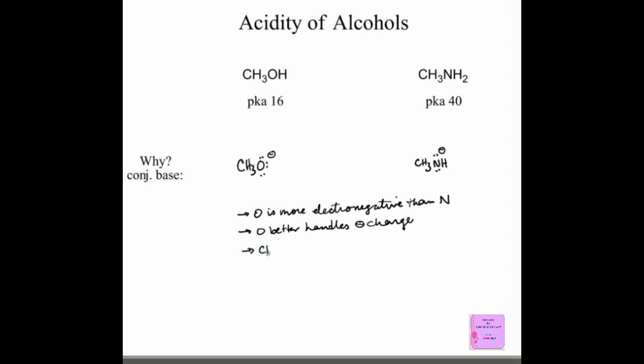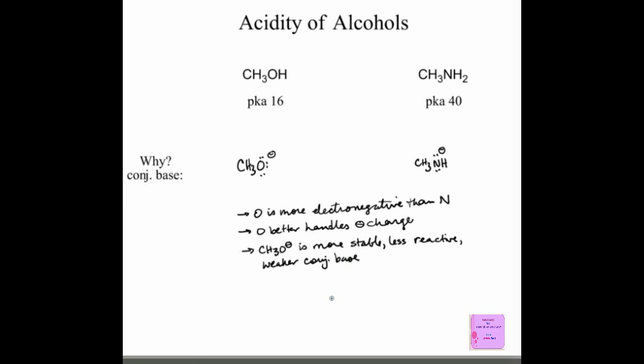Okay, so that means CH3O- is the more stable and therefore less reactive. If you're more stable, you're less reactive, and therefore a weaker conjugate base. Whichever conjugate base is more stable, that makes it less reactive, that makes it the weaker conjugate base.